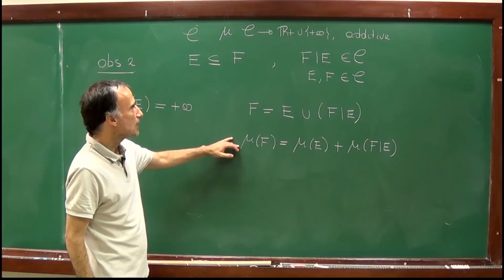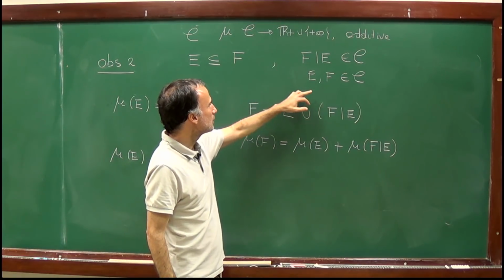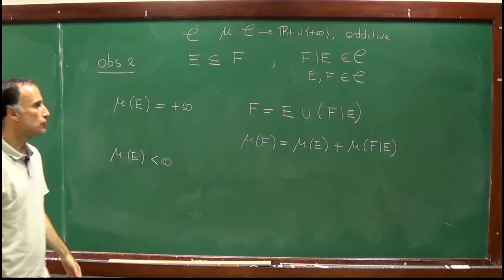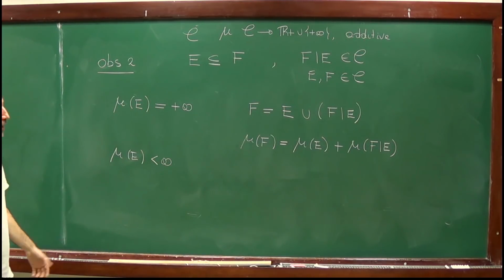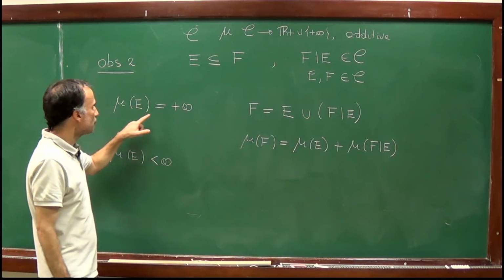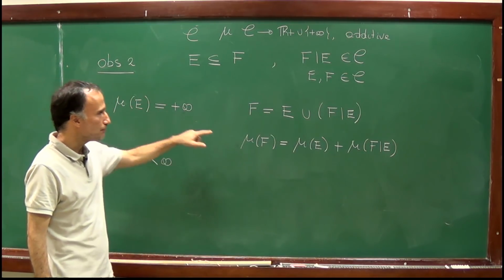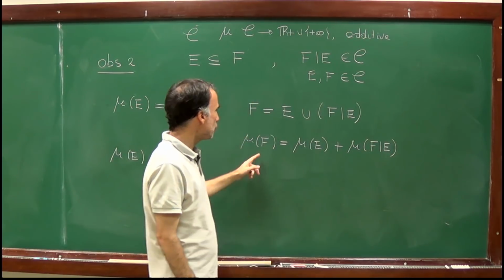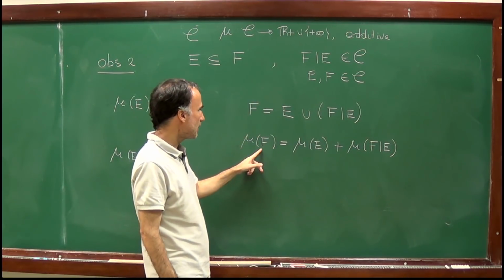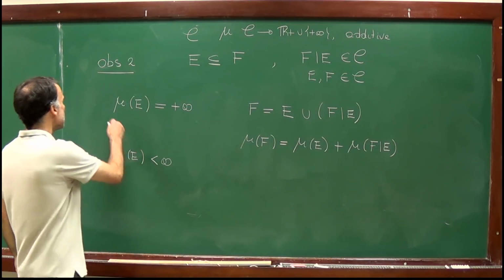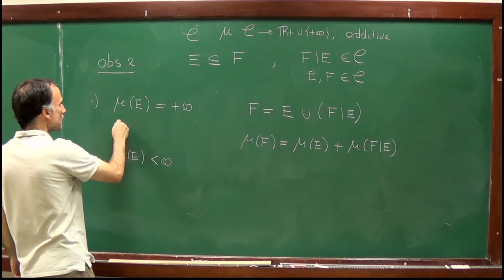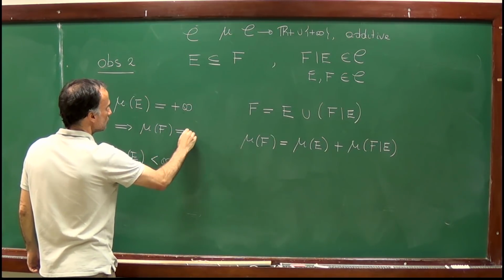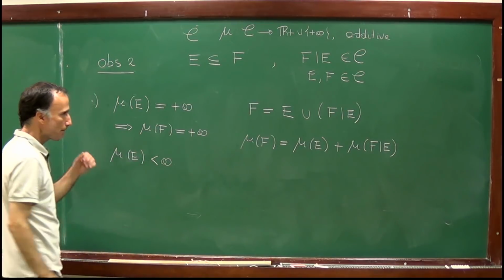Because mu is additive, and we are assuming here that E and F minus E belong to the class C. Well, if mu of E is equal to plus infinity, since mu takes only non-negative values, we conclude that mu of F has to be also equal to plus infinity.